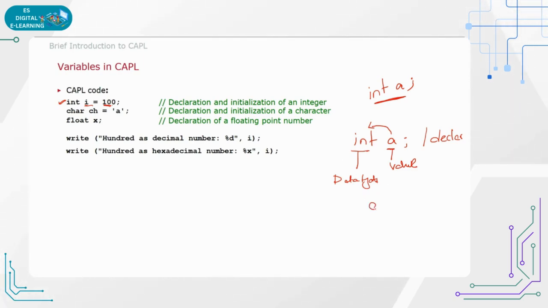If I say int a equals to embedded, okay, it cannot take that, right? This is not a valid format. It comes as a part of a string. A string is nothing but characters, and characters you cannot give to an integer directly.